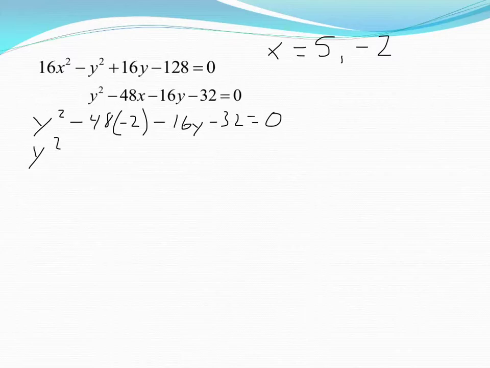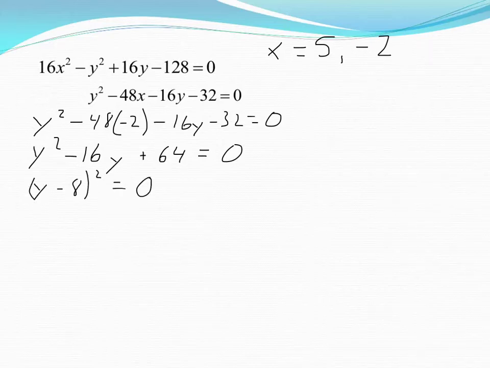Y squared minus 16y, the negative 48 times negative 2 is a positive 96. Positive 96 minus 32 is a positive 64. And again, this is factorable. Y minus 8 quantity squared is equal to 0, so y must be 8.